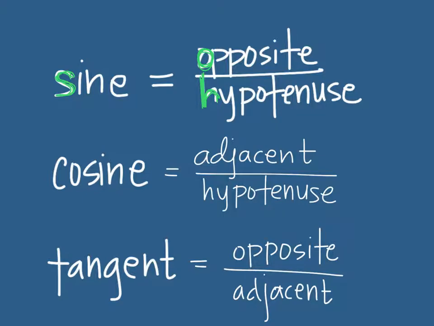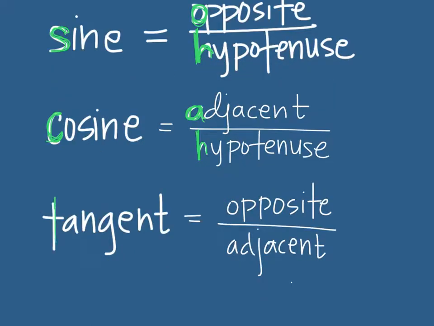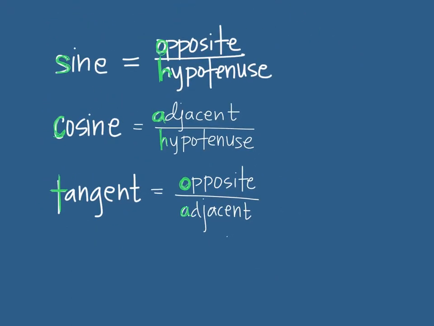You remember that from geometry? And then it was katoa. Yeah, and that comes from the C in cosine, and the A in adjacent, and the H, and then T, O, A.